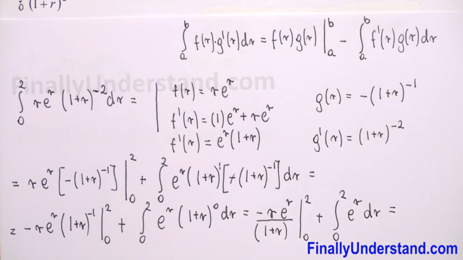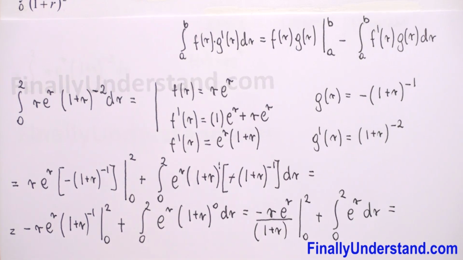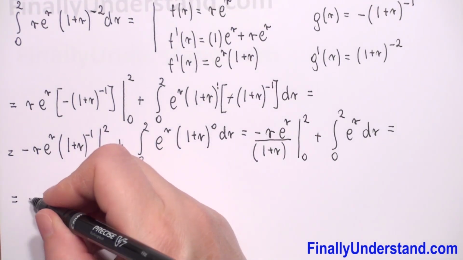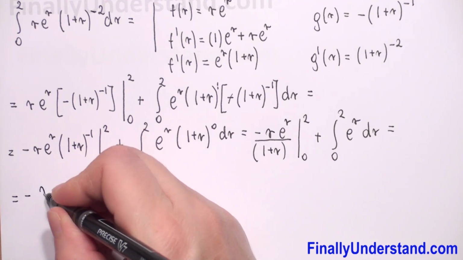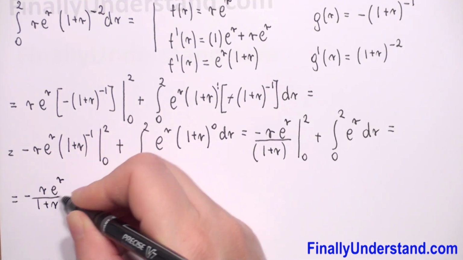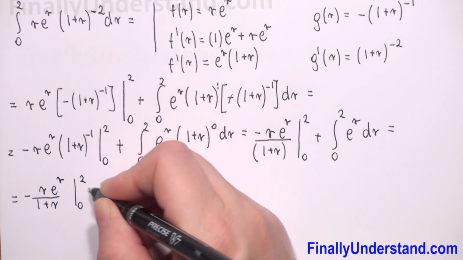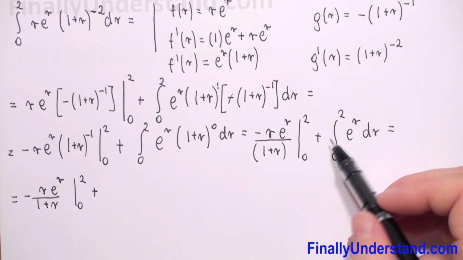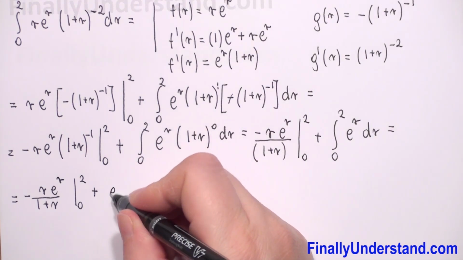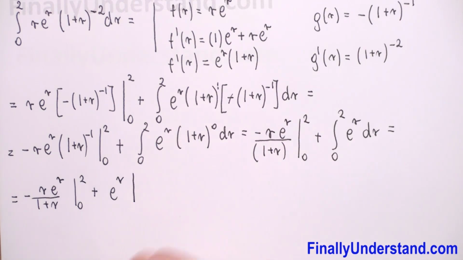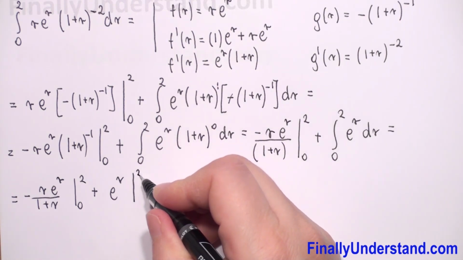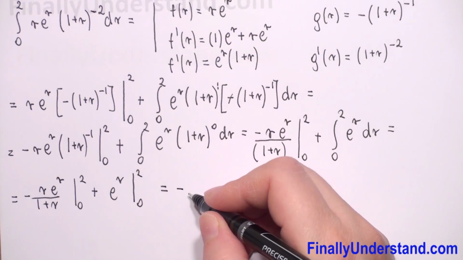So this is equal. We will have to copy the first expression one more time, limits from 0 to 2, and we have plus. The integral of e to power r is e to power r, and we have a vertical bar, limits on the top 2, on the bottom 0, with a negative sign.